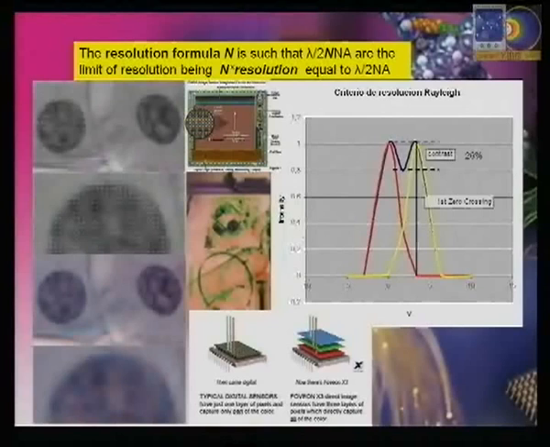The topic of the course was super resolution. Why? Because most of these systems, in fact, reach a resolution which is over the expected one.